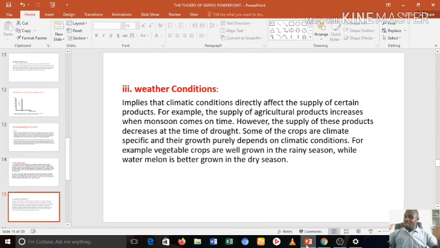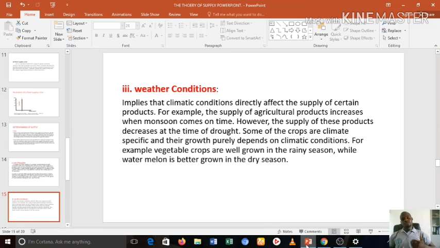So, in general, with weather condition as a factor that influences supply for goods and services, when crops are grown in favorable climatic conditions, it will lead to an increase in productivity, and of course an increase in the supply for that particular good or for goods and services in general.